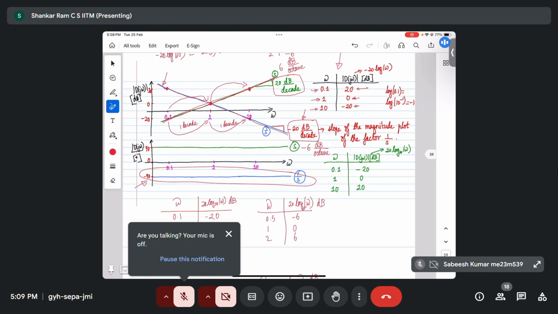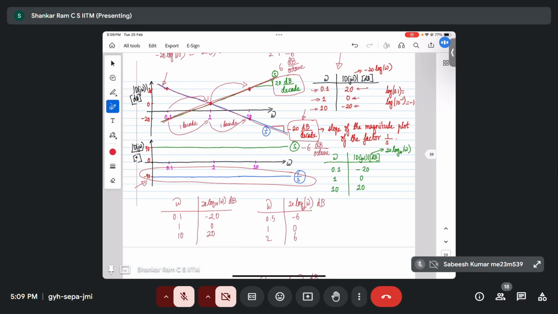So the slope is 20 decibels per decade or 6 decibels per octave. Okay, so that is the result. That's quite important. I hope it's clear. So we can observe that for the Bode plot of two factors which are reciprocals of each other, there's some symmetry which we are observing, right? So there's a reflection about a certain point.